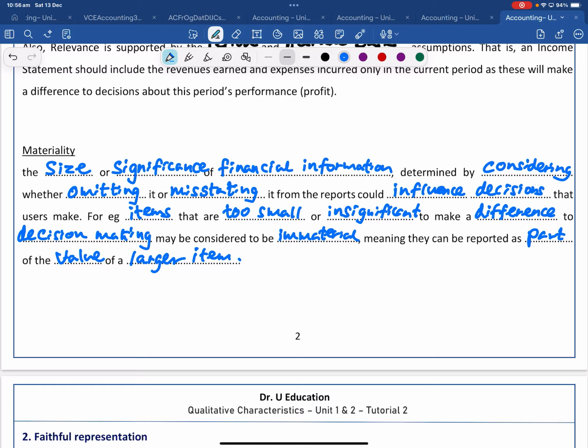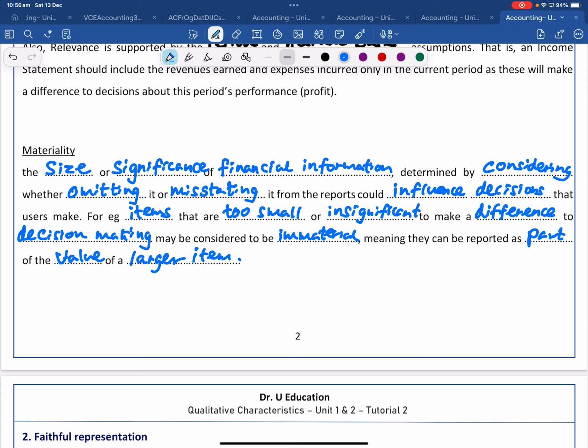Let's say we think that it is not significant enough. Then we will report it as a part of another item. Okay, does that make sense? Or no? Probably you might have understood to a certain extent, but I will give you an example. Then it will make more sense.